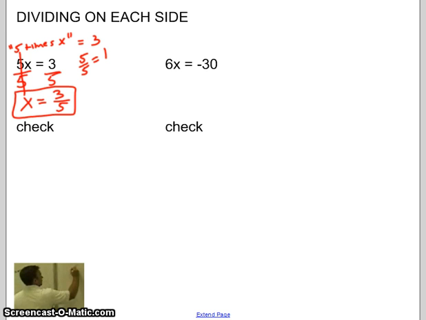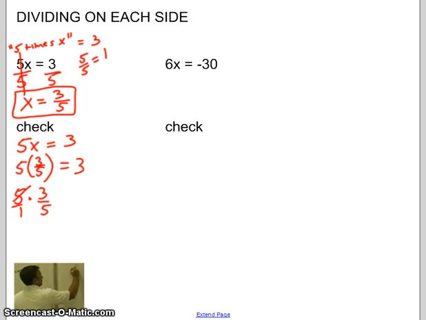Now we're going to check this. Our original equation is 5x equals 3. And we're going to substitute the value for x, which we found is 3/5, and see if it works. Well, 5 times 3/5, we could simplify.